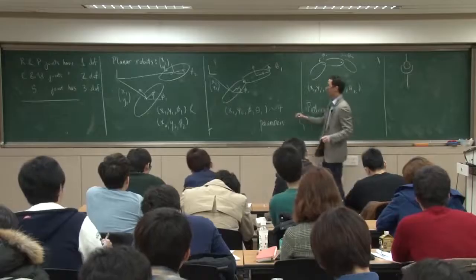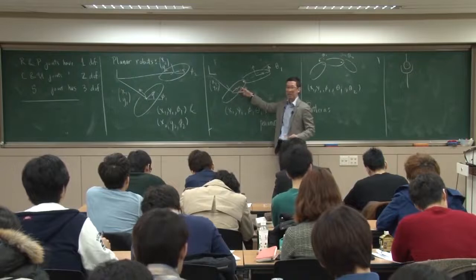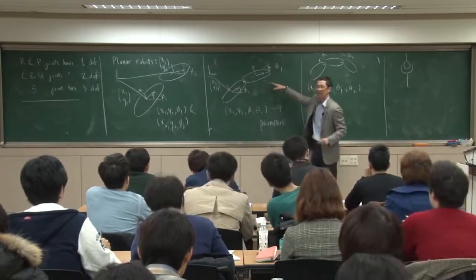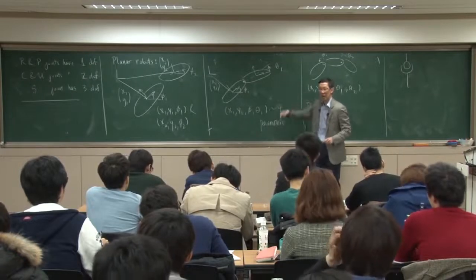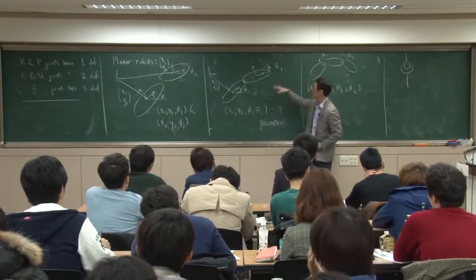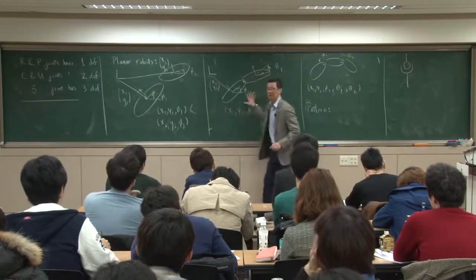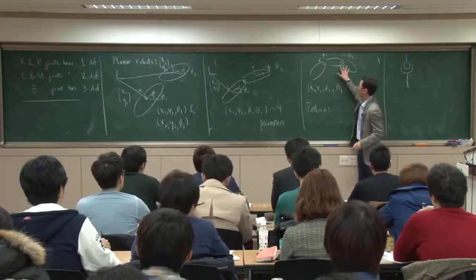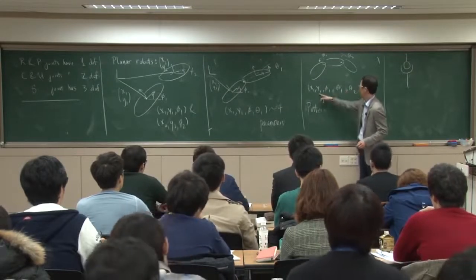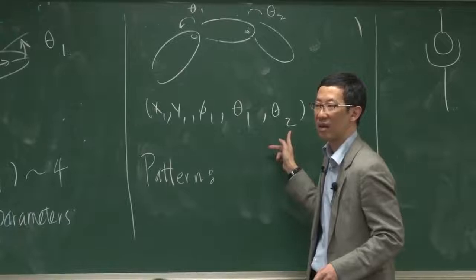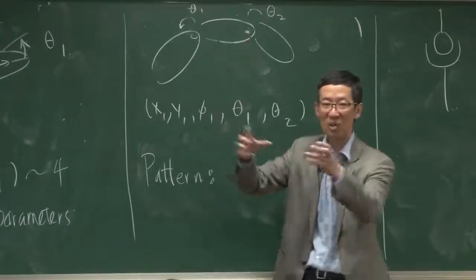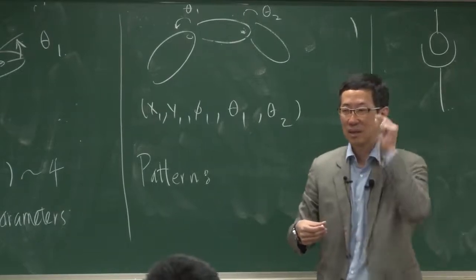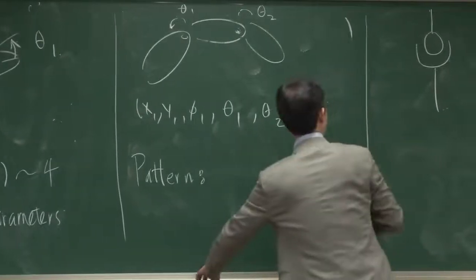Anytime you connect two bodies by a joint, the number of coordinates that are needed goes down by 2. Here it went down from 6 to 4. Now we have 2 joints, so it went from 3, 3, 3, 9 to 5. Every time you see a joint connecting 2 bodies, that eliminates 2 coordinates. This is a useful observation.